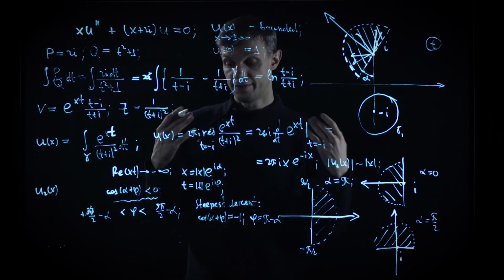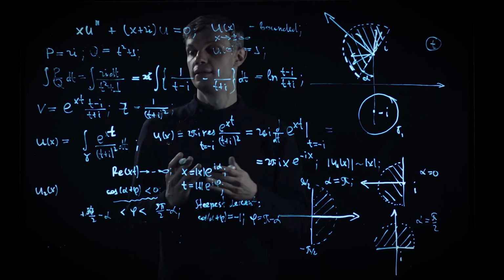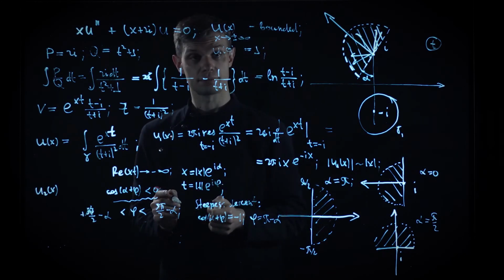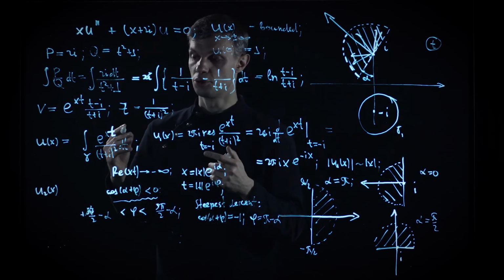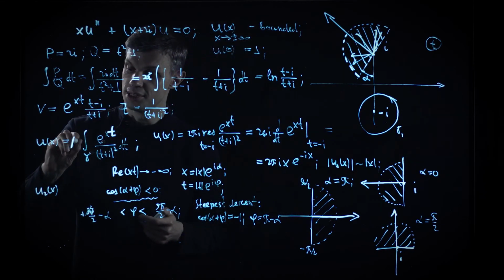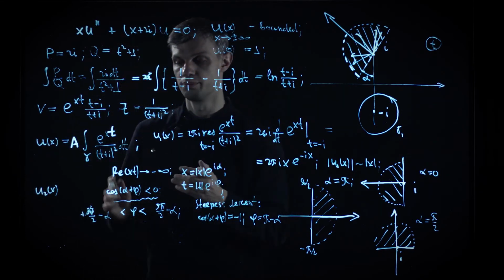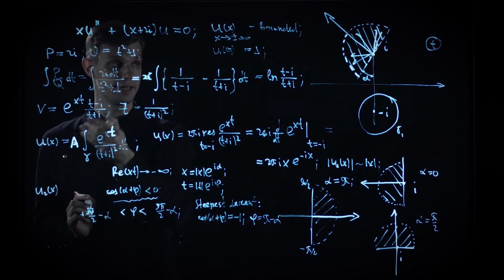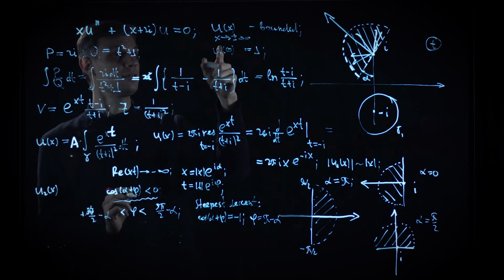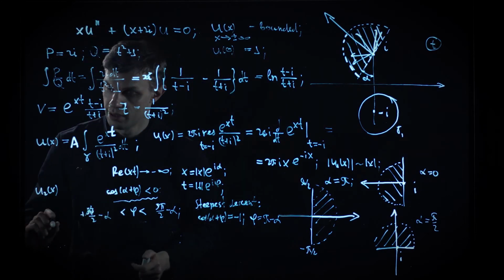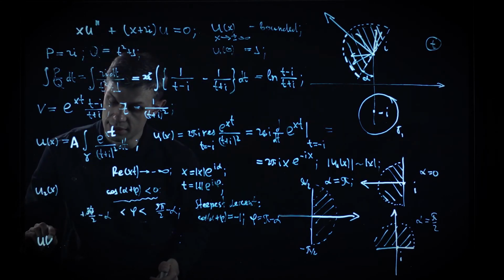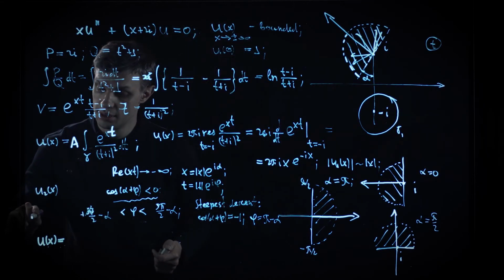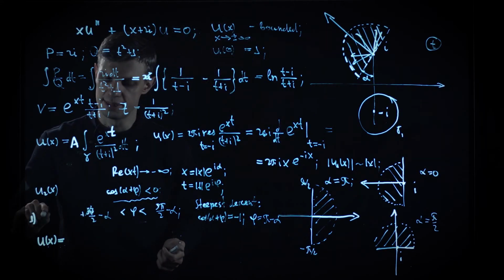Right. And finally, let's analyze the behavior of our solution. First of all, let's figure out what would be the correct normalization factor in front of our integral. I didn't write it here at the very start, but now we need to restore it and fix it. So x equals 0, then u of x turns into quite a simple integral. Suppose, for simplicity, x is positive.